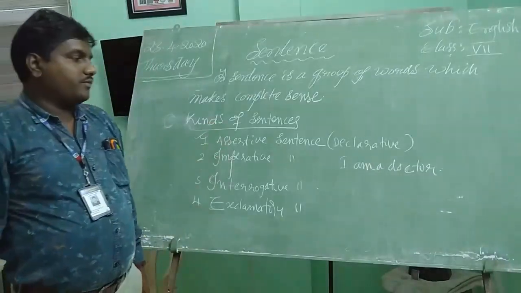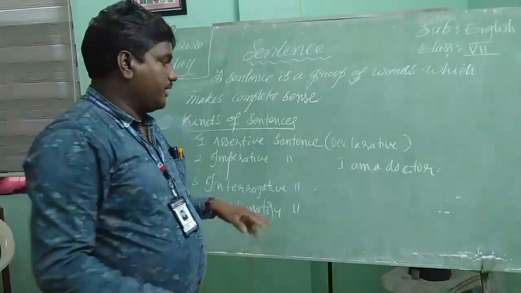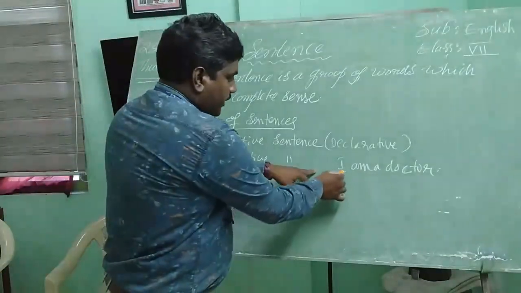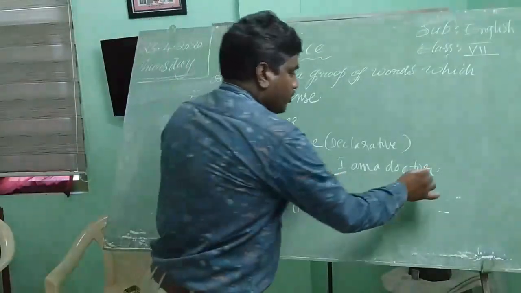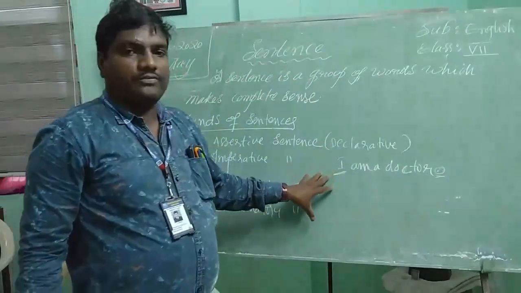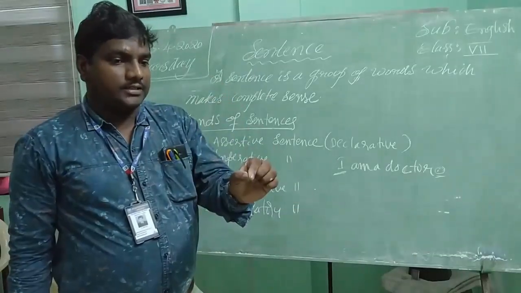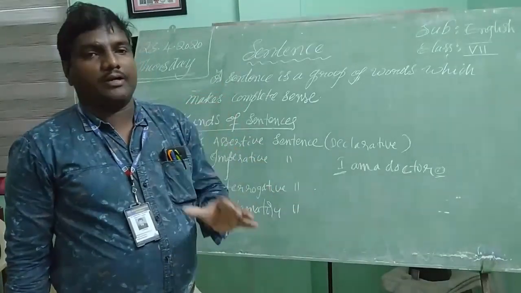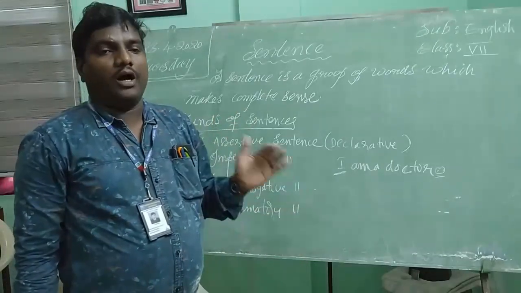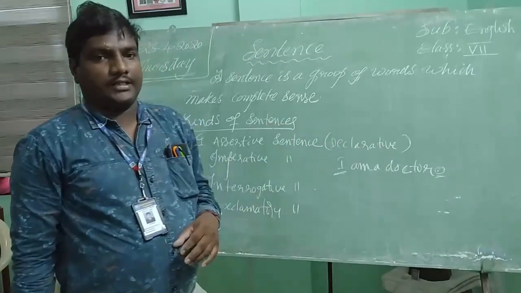What are the features of an assertive sentence? An assertive sentence starts with a capital letter and ends with a full stop. These are the features of an assertive sentence. Once again, an assertive sentence starts with a capital letter and ends with a full stop. All statements are said to be in an assertive sentence.